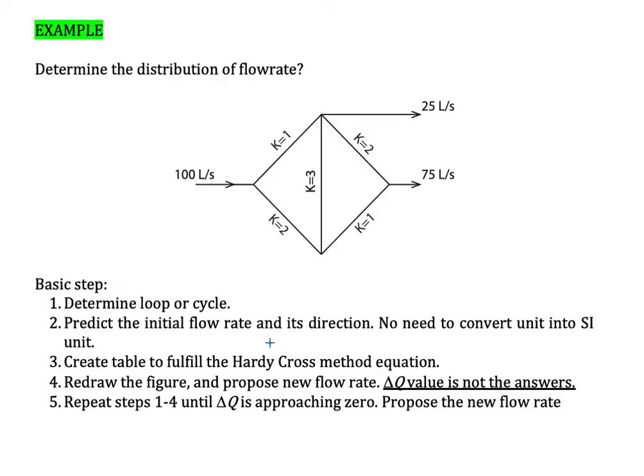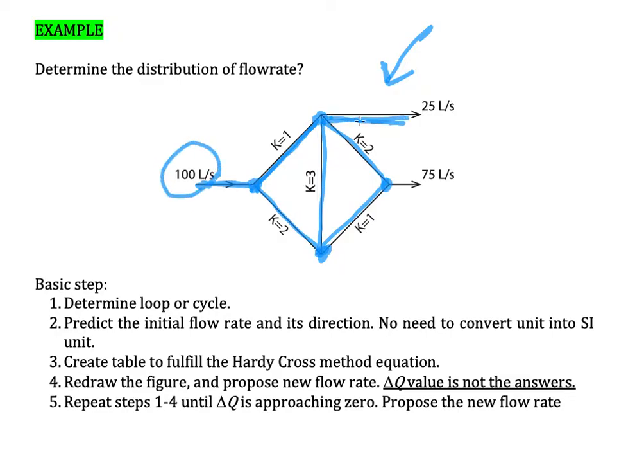Let's say we have an example. For example, we have a pipe network like this. We have one station here, and it flows to another station, and it creates a network like this. From here, the input is 100 liter per second.